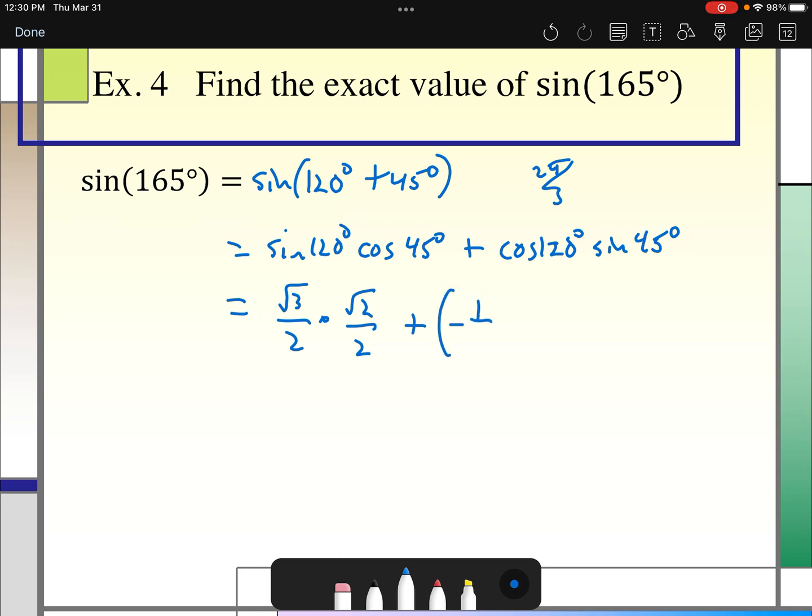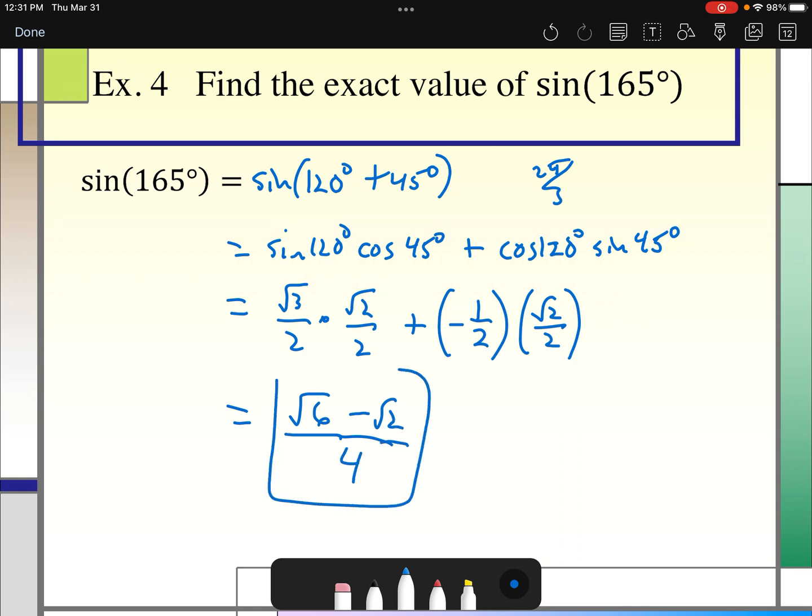Now the cosine of 120 is negative half because we're in the second quadrant, and that's rad 2 over 2. So the sine of 165 is going to be radical 6 minus radical 2 all over 4, which makes perfect sense.